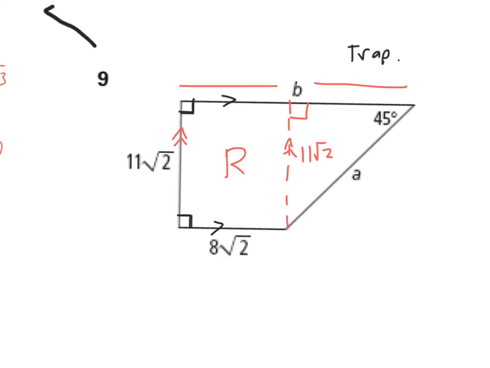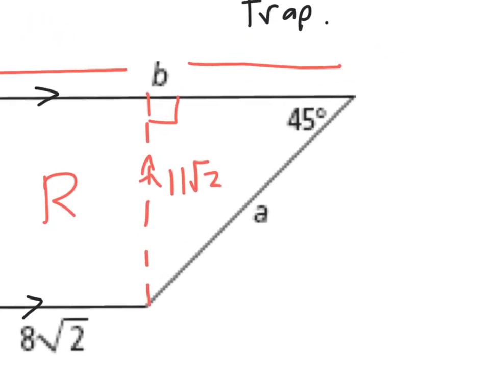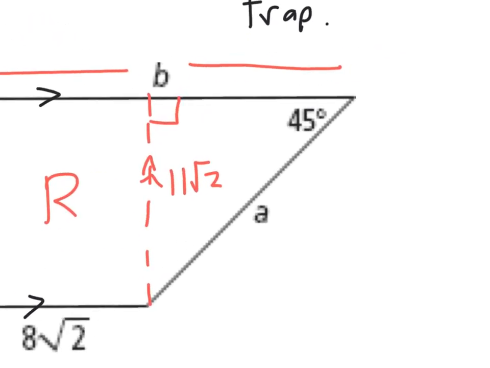But I do know, if I'm just focusing on this section here, this guy is the same size as this one here. It now makes an isosceles because of the 45. So all I have to do is go from my leg, 11 radical 2, and multiply it by radical 2 to get here.